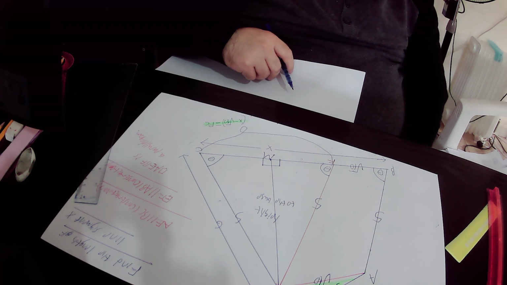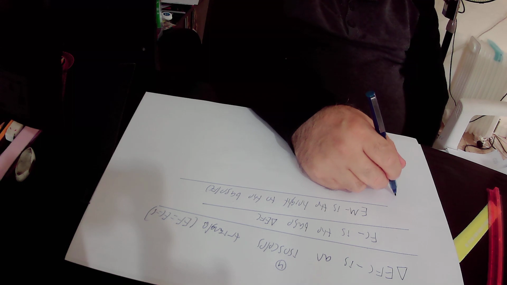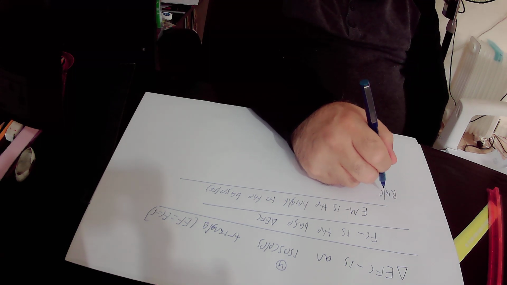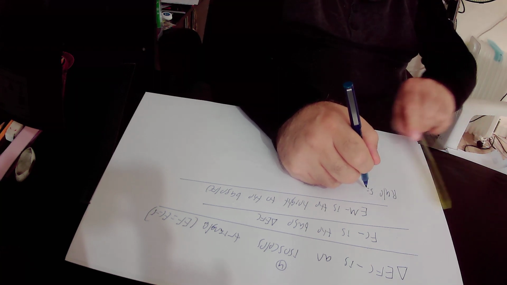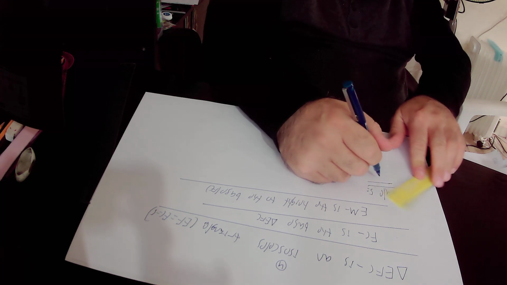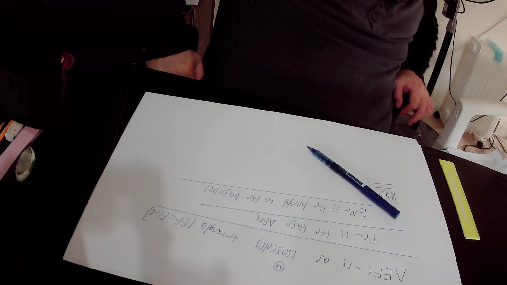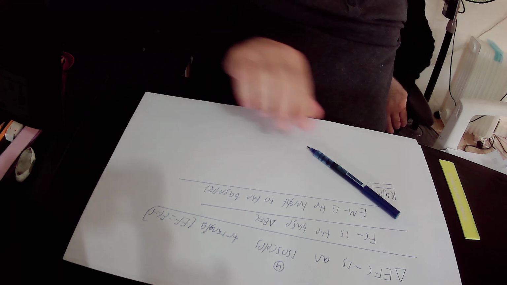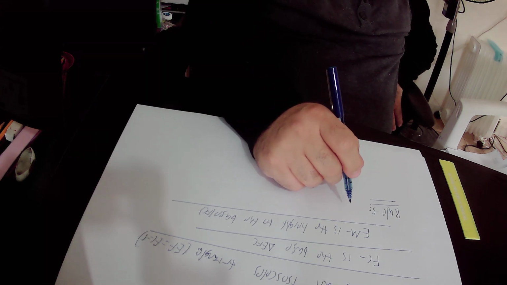So in the next step I will present to you rule number 5. According to rule number 5, the height to the base in an isosceles triangle bisects the base.